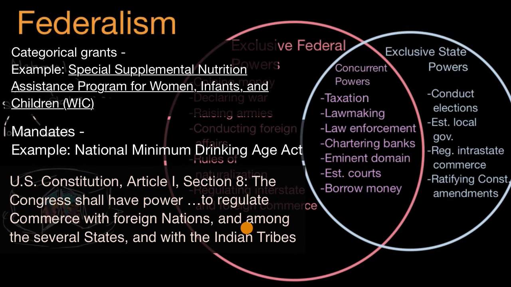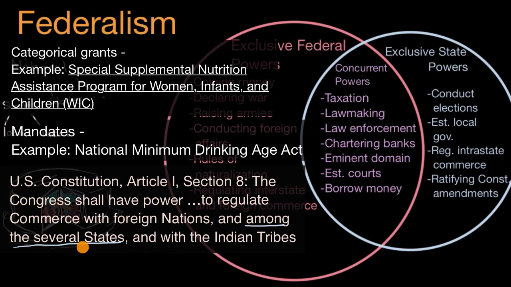And the key part of the Commerce Clause is among the several states. Over the course of American history, this ability to regulate interstate commerce, commerce between states, the federal government has used that to justify regulations and laws that focus on issues that may at first be perceived as a state power, but use the argument that it affects interstate commerce in order to regulate it.